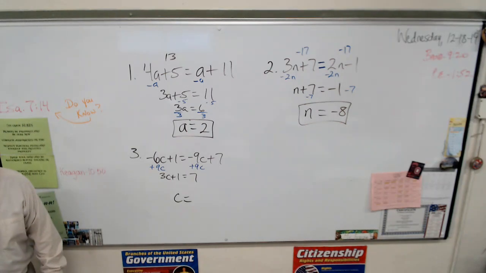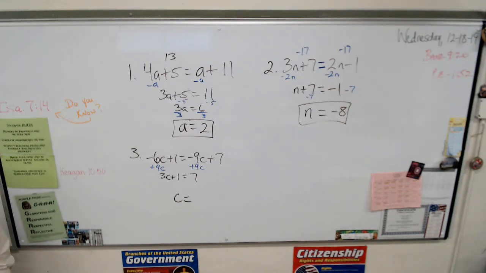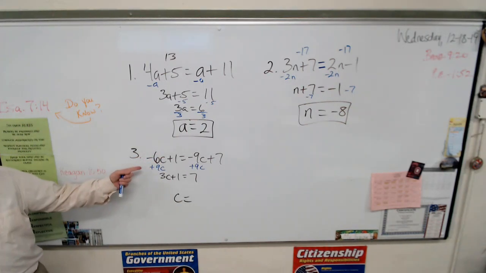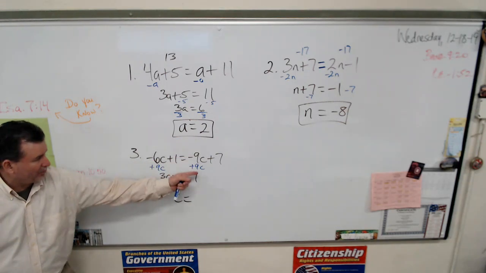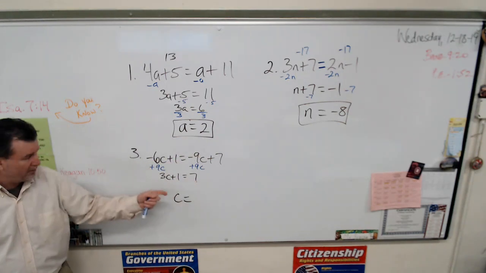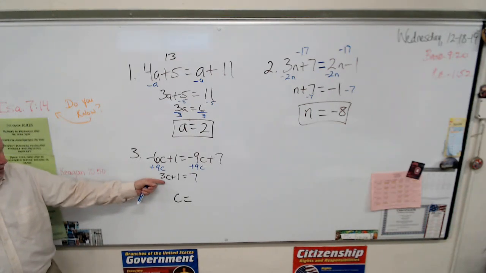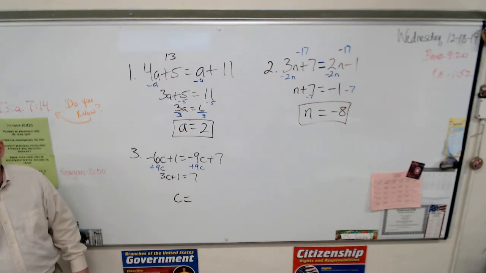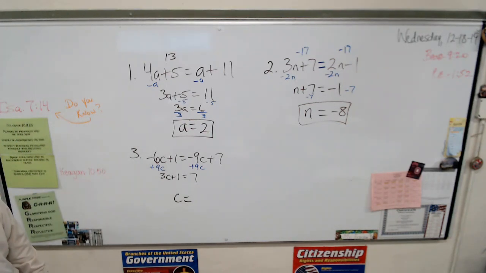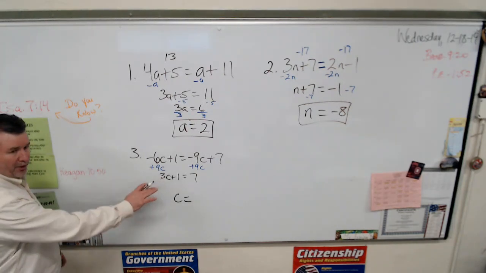Stop, look at that. Make sure you understand it. All I did was add 9C, because I got rid of it there, just 7. Negative 6C plus 9C, positive 3C. And then we just do again what we've been doing. Get rid of things till we get down to just C. How do I get rid of the positive 1?